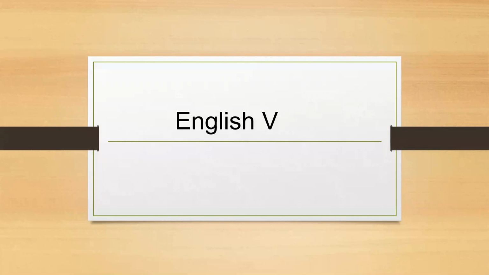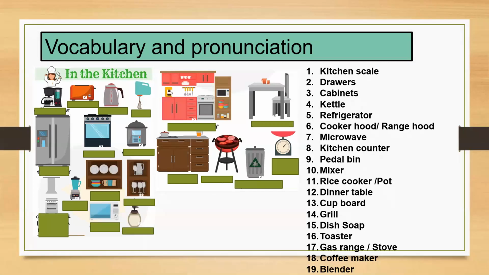Today's objective will be to cover some vocabulary words and pronunciation. I'm pretty sure that we have already seen this vocabulary, but it's good to have a refresh of these words. We're going to start with vocabulary from the kitchen. Probably we have already seen this.